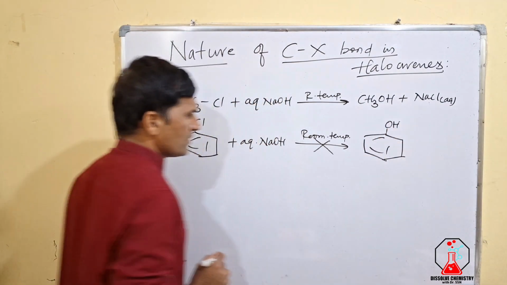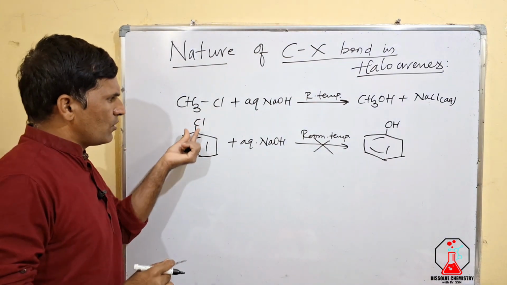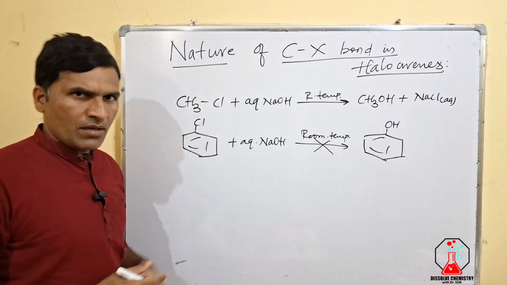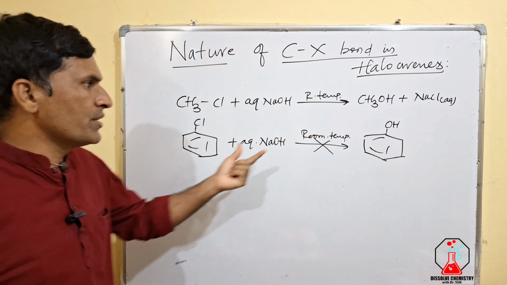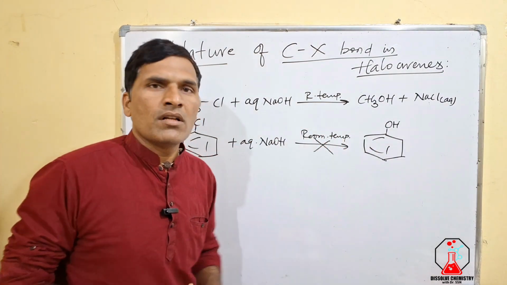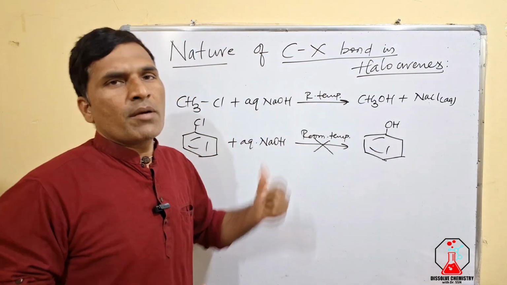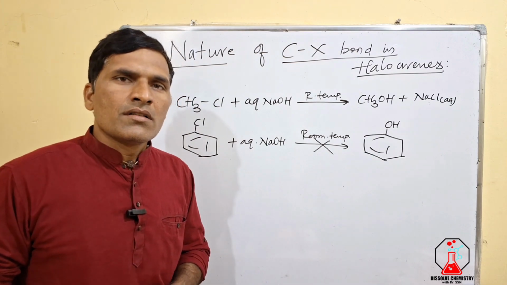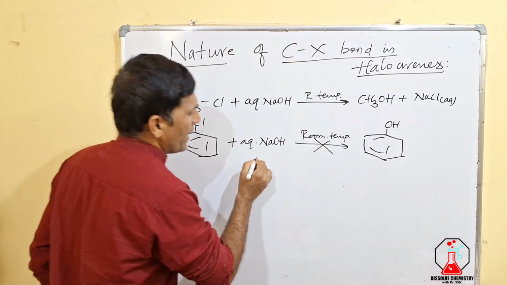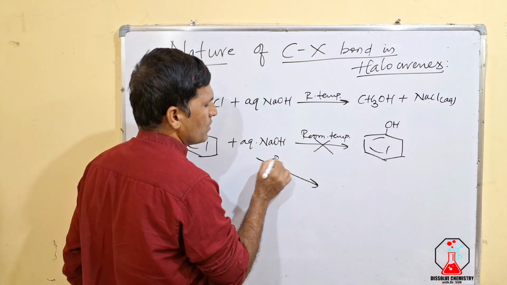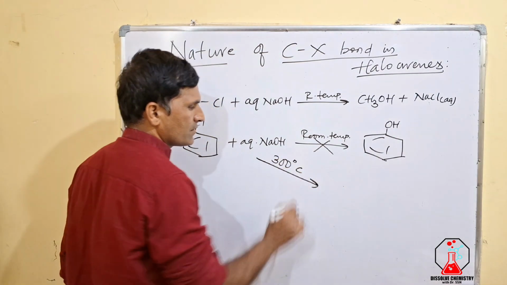What is the reason for that? Here also there is a C-Cl bond, but it is reluctant to give phenol under room temperature. This reaction may happen when you heat around 300 degrees Celsius.